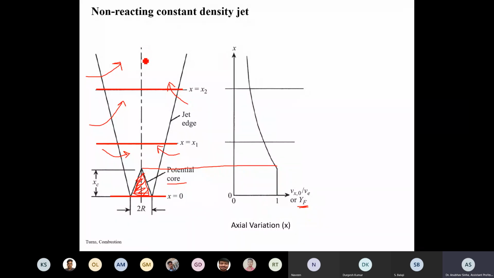If I take measurement along the center line up to here, I will measure fuel mass fraction of 1. After that, this mass fraction will slowly decrease as we go higher and higher. Why? Because more and more air is coming. More air is mixing with that jet, and that's why the fuel concentration is decreasing.